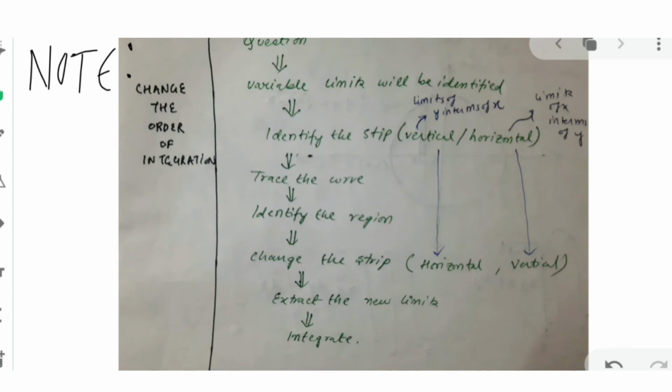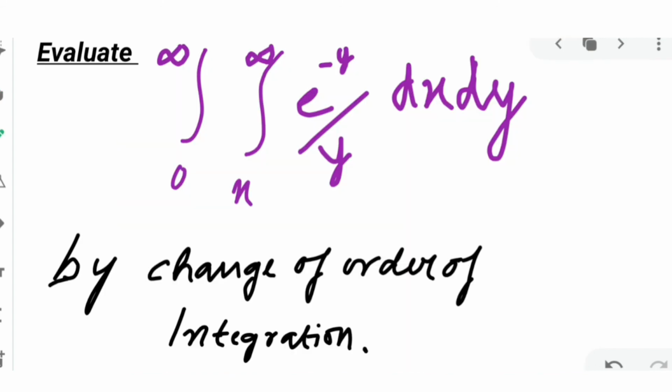And now we will be moving on to the next question. So this is the next question. It is given as evaluate the integration over 0 to infinity, integration from x to infinity, e to the power minus y by y dx dy, by changing the order of integration.